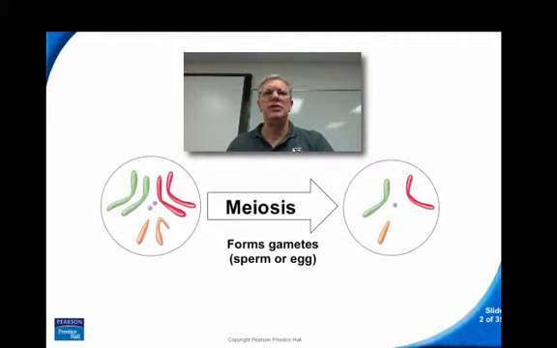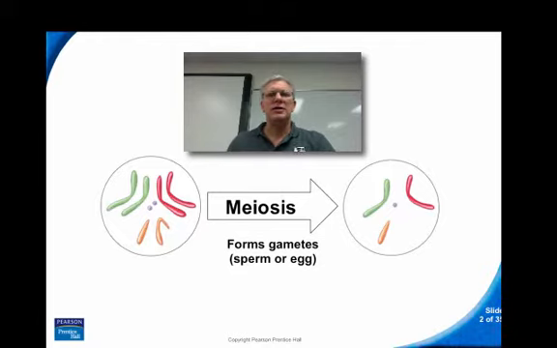So for instance, in humans who have a total of 46 chromosomes in each of their body cells, the sex cell chromosome number has to be half of that so that when the sperm and the egg unite, 23 plus 23 in each of the sperm and the egg will result in a new cell that has 46 chromosomes.